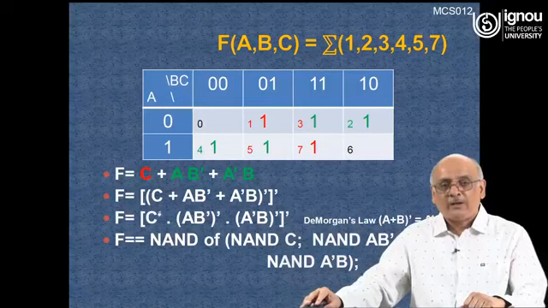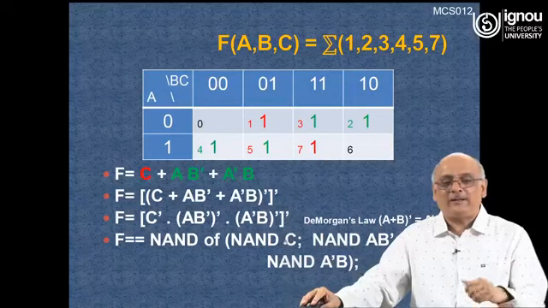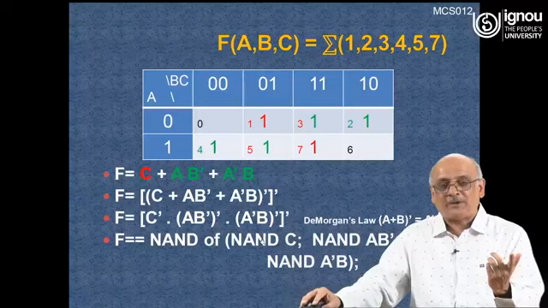So NAND of NANDs. Now C prime is simply NAND of C, right? NAND of C basically we can pass through, we can either assume it to be C prime, or as I demonstrated, in both the inputs of the NAND gate we will pass C, okay.